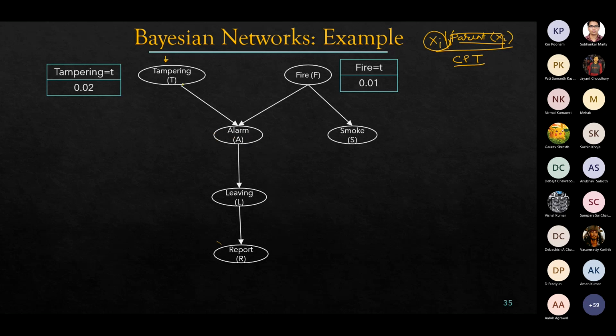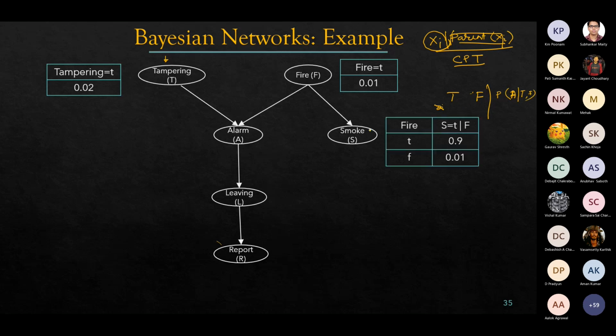As it depends on two variables, tampering and fire, we can vary the value of the two variables, and we have to report the probability of alarm given tampering and fire, right?